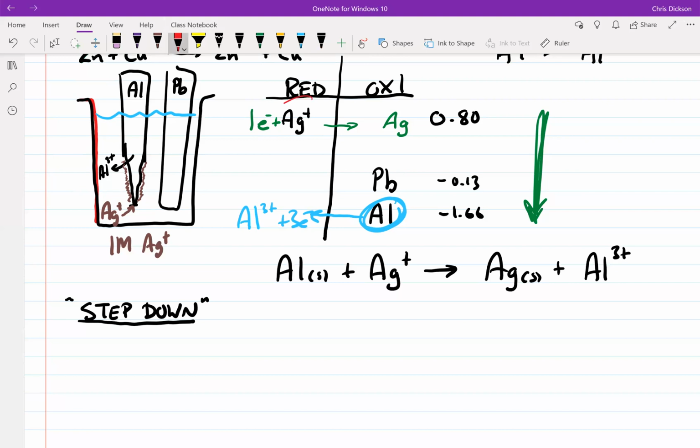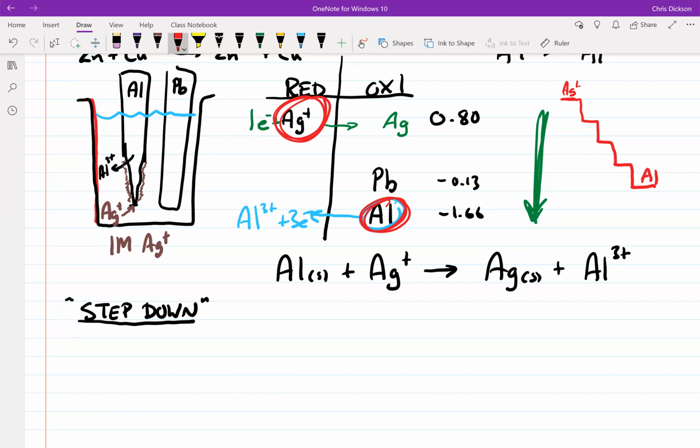We said that silver was going to get reduced and aluminum was going to get oxidized. So if you think about a staircase, if you start at silver and go downhill, then at the bottom of the stairs, you're going to find the aluminum. So when you look at the data table, the silver reaction, the one that's being reduced, is higher up than the aluminum reaction.